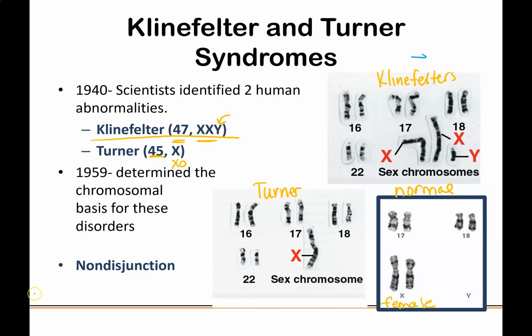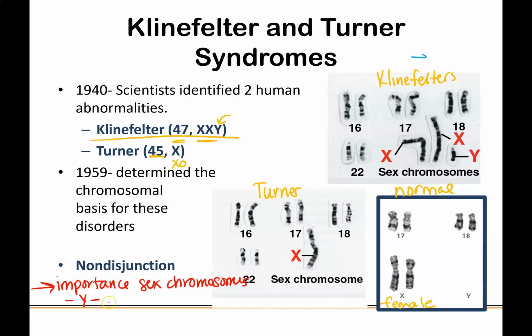So just sort of a summary. I didn't have a summary slide in here, but I decided to make one. Klinefelter and Turner syndrome were just really important in understanding the importance of both sex chromosomes, so the function of the X and the Y. Particularly the Y chromosome.